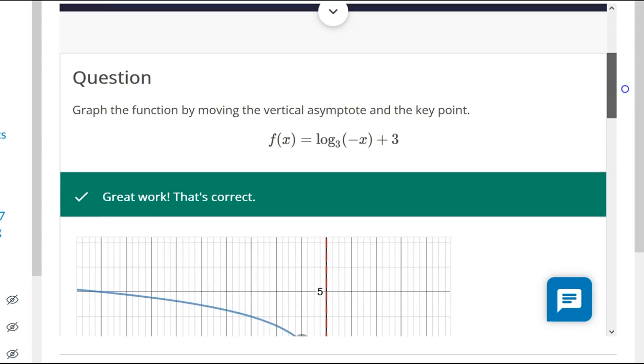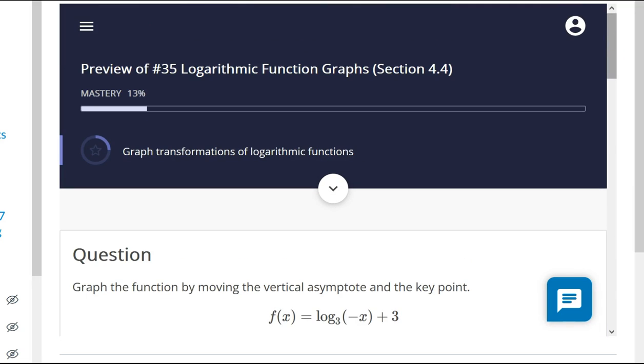So I hope that clears things up. I shortchanged you on the first video by giving you just an oversimplified problem. If you have just plain old x inside, see, we have a negative x, but if you have a plain old x inside, then plugging in 1 and plugging in the base is a good idea, unless you have a fraction for a base, and then you would need to plug in the reciprocal.